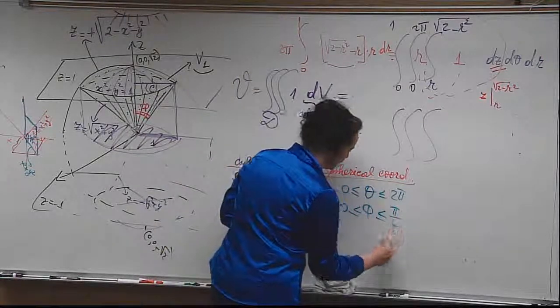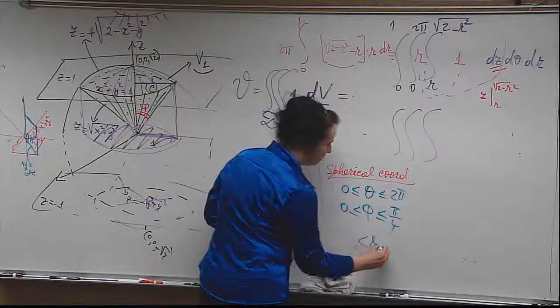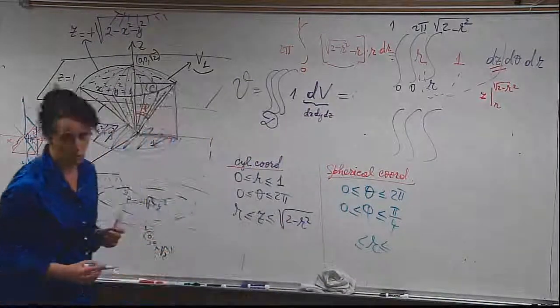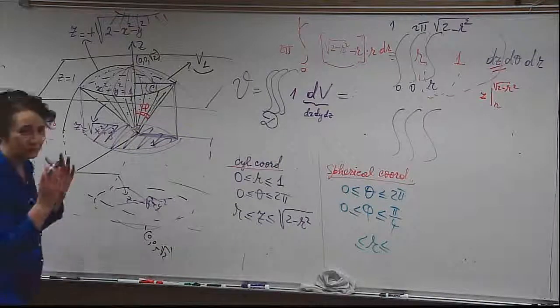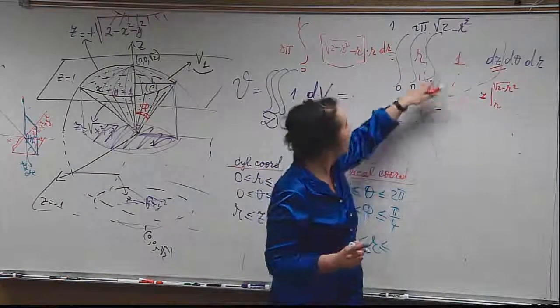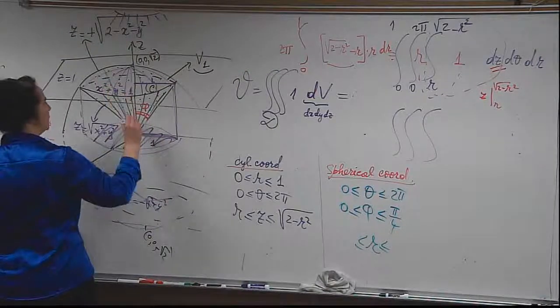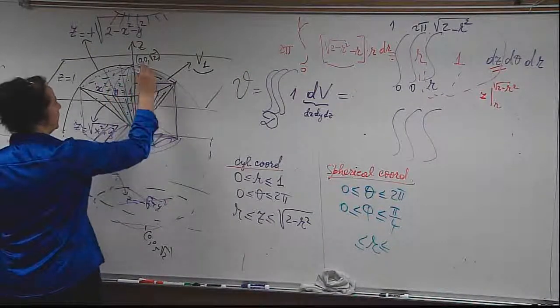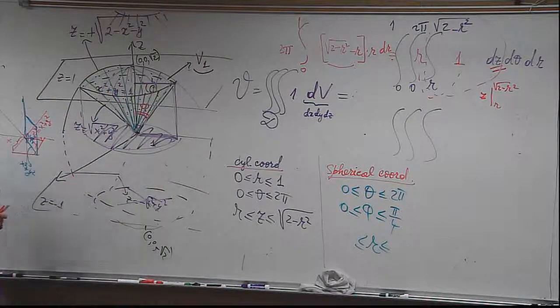Good. How about the radius? Are you afraid of the radius? No. Why? The radius is your friend. It was not your friend before. Look how ugly it was, but in this case, the radius goes all the way from 0 to a finite value, which is exactly the radius of the sphere.